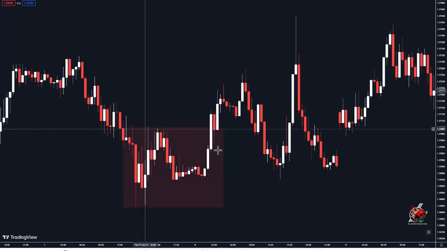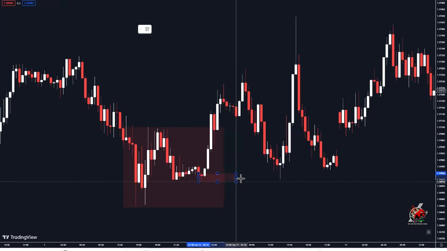We can already see that the market exploded to the upside, breaking out of the consolidation, and then left us imbalance right here and even here, right? The market came all the way down to balance price, right? So this is our order block right here at the bottom.